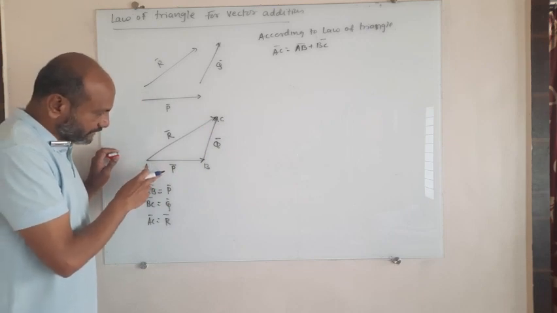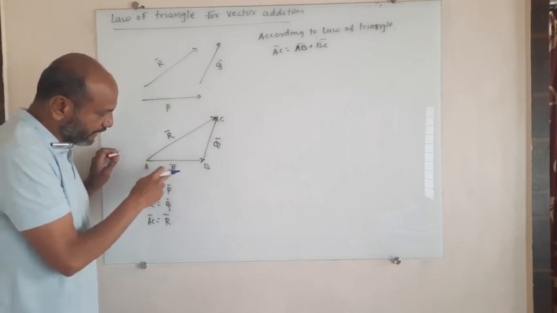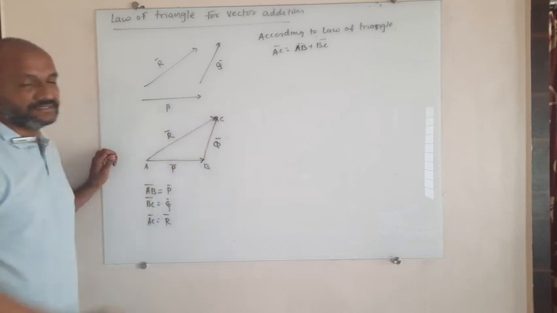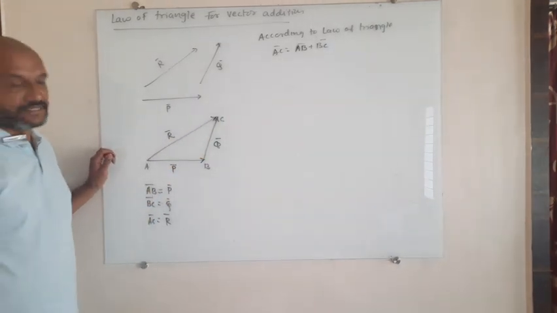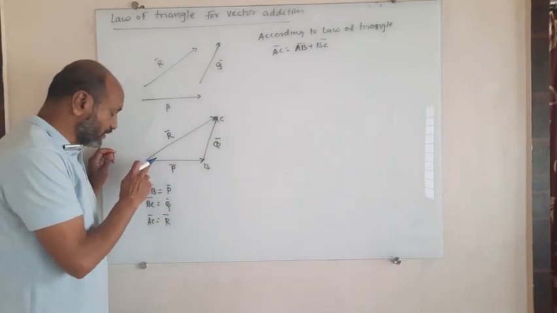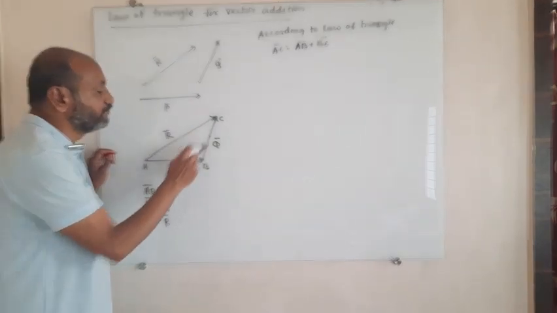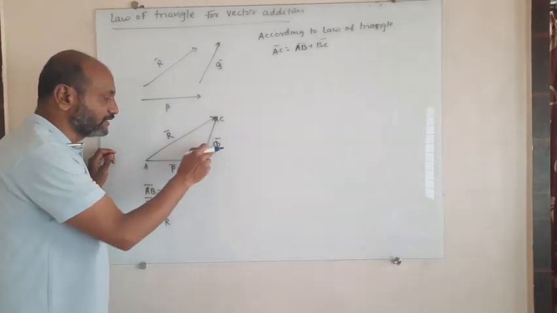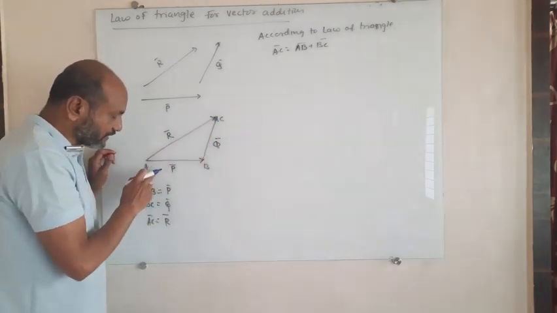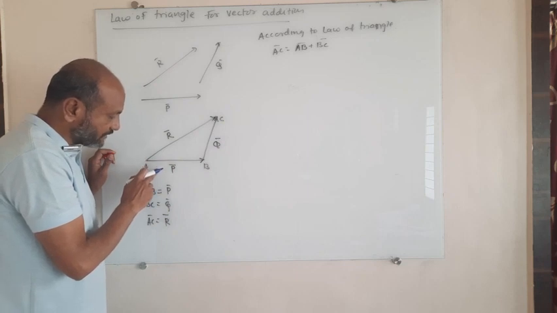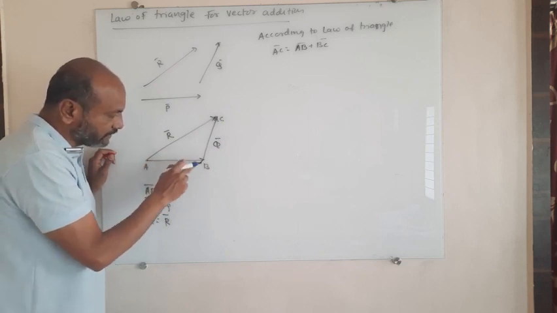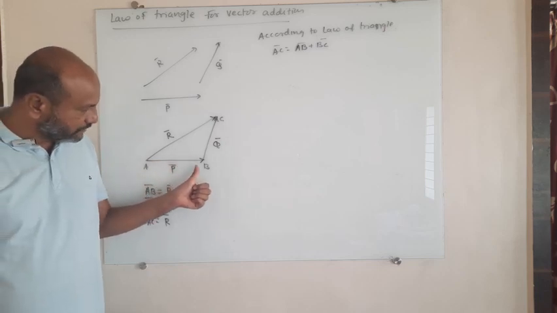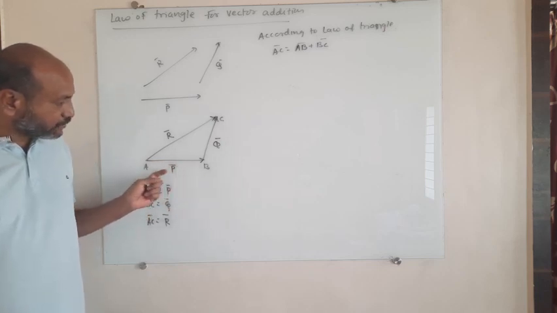Two vectors are represented in magnitude and direction by two sides of the triangle taken in order. Taken in order means AB, BC. AB and BC mean P bar and Q bar, two vectors.